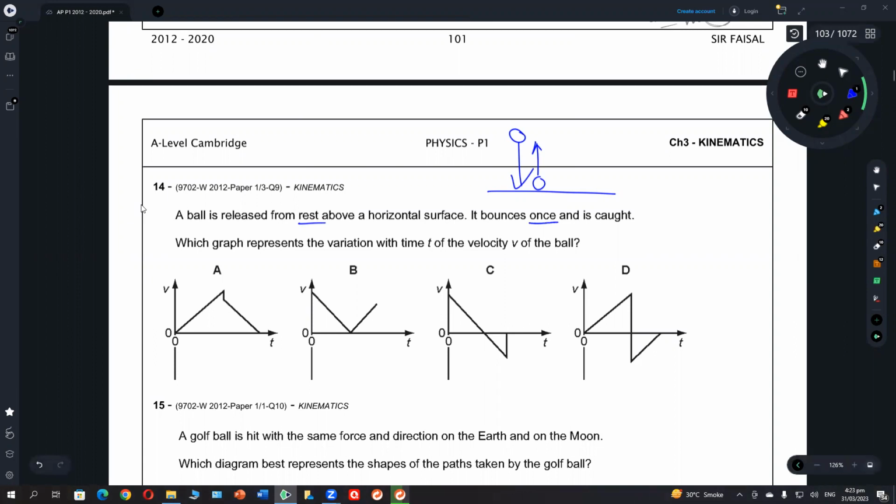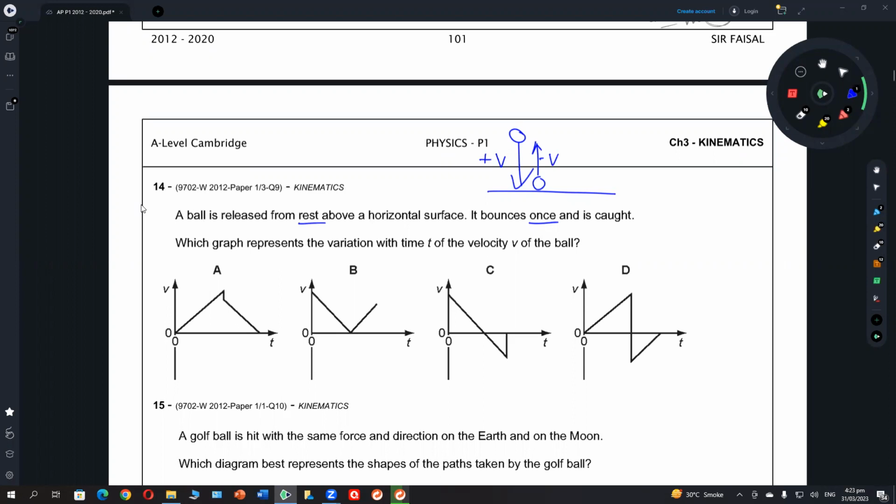If I take downward velocity as positive, the upward velocity will be negative. It's a rebound, a bounce back. It means velocity should be negative. So D is right for this one.